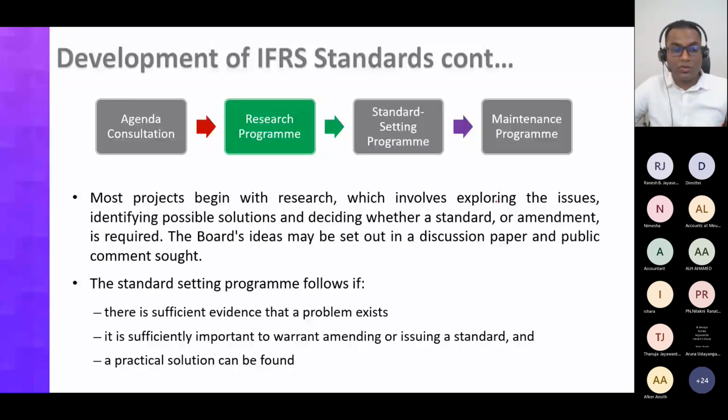Then they explore the issue, go into detail, and look at the possible solutions that can be brought in. After doing this research, they decide whether a new standard or an amendment is required.